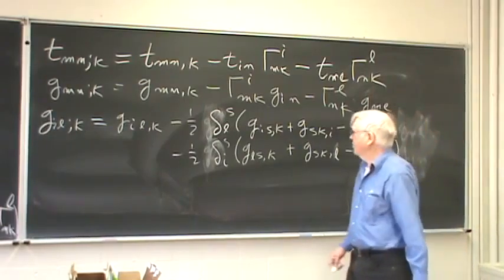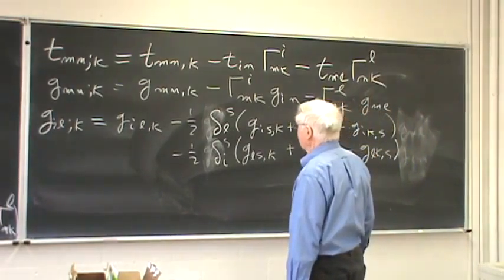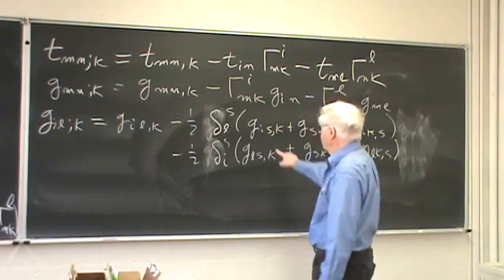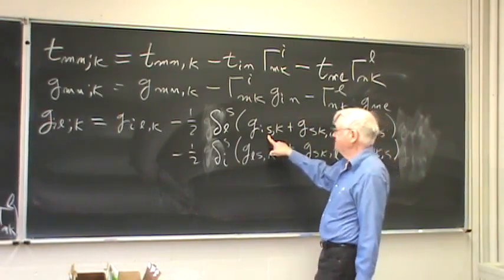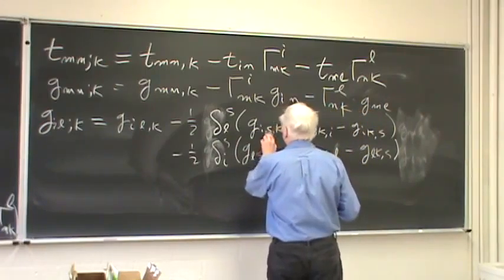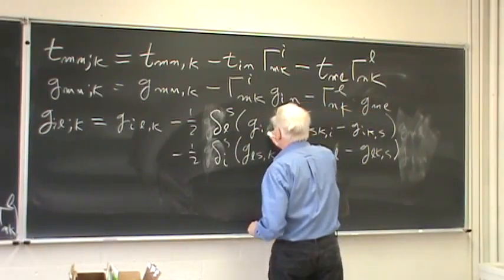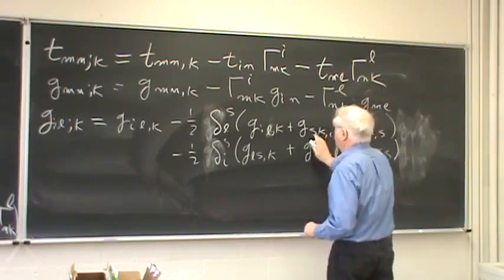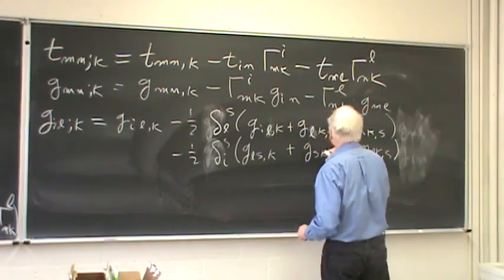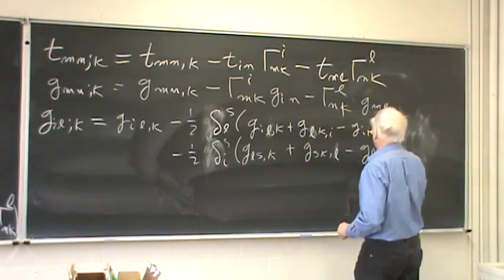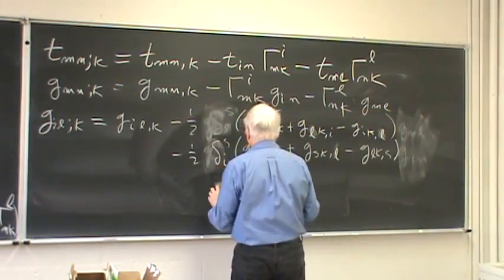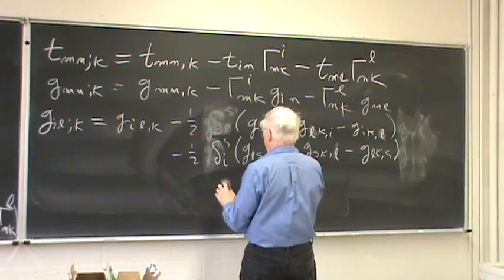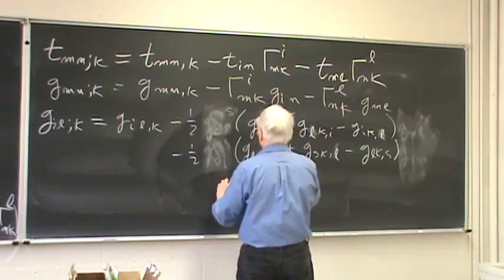Okay, but now, since S is L, we can do surgery on this and just replace S by L. So I'm going to have an L here, an L here, and an L here. And over here, I'm going to have an I. So S goes to I here.